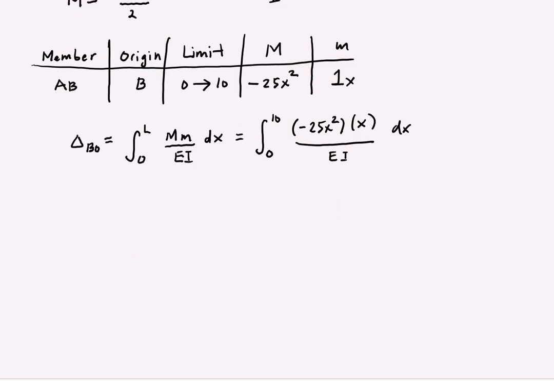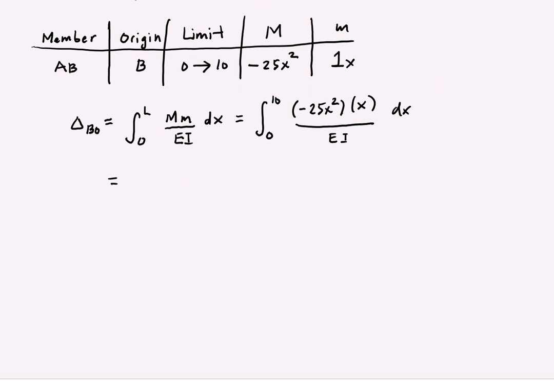If you solve this, you take 1 over EI out since it's constant. It will be negative 25x, this is x cubed, so it's going to be x to the 4th divided by 4, with the limit 10 to 0. Solve this using a calculator and you will find the value is negative 62,500 divided by EI.